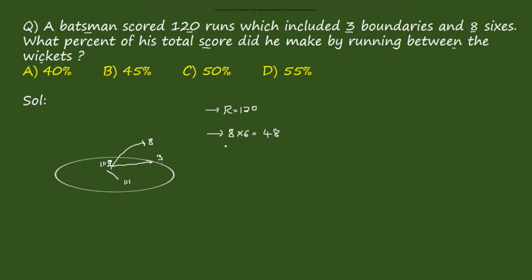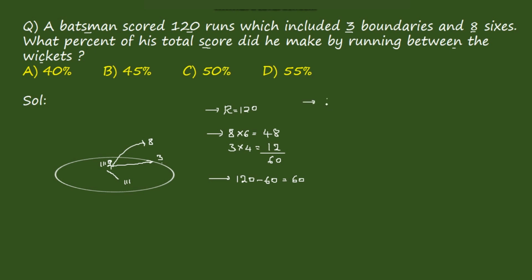And boundaries 3 times. So it becomes 3 into 4, which is equal to 12. So from boundaries and sixes, how many runs did he get? It becomes 60. Right? So just moving from wicket to wicket, how many runs did he make? It is 120 minus 60, which is equal to 60 runs. Now they are asking the percentage of it to the total runs.